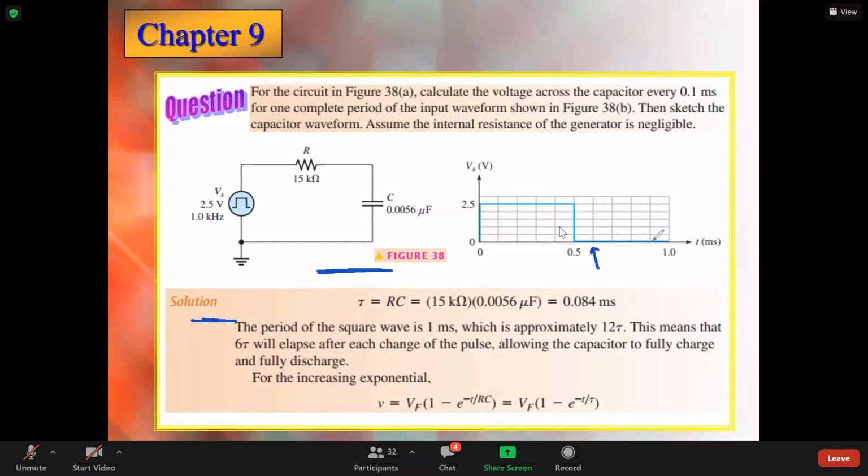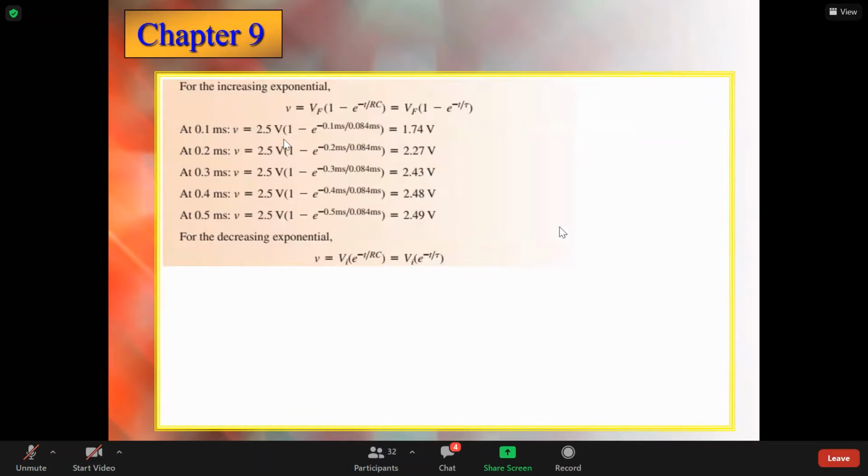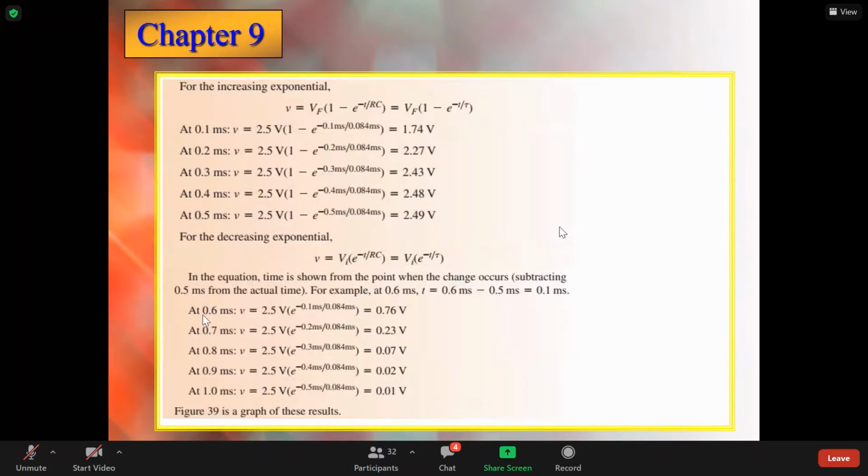But according to this graph, we want to know what happened at this instant, which is 0.6 here, like that. So don't get confused by what we are writing here. Yani this is according to this diagram.